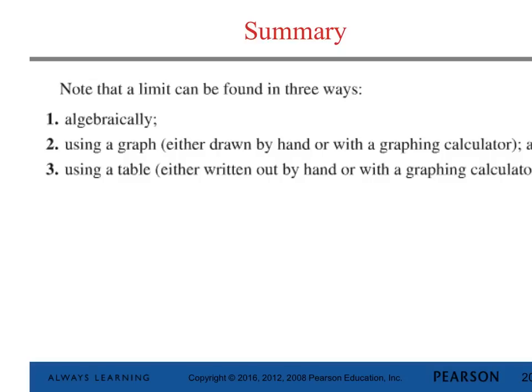So in summary, what we have found so far is that you can find a limit in 3 different ways. First of all, you can find a limit algebraically. And to find a limit algebraically, you're going to simplify the function.